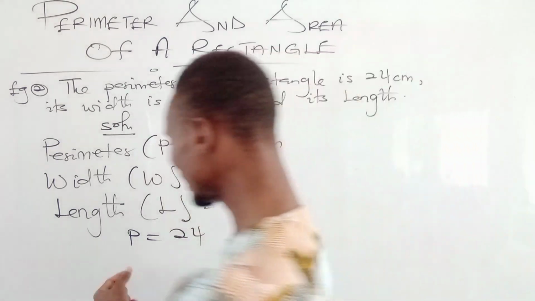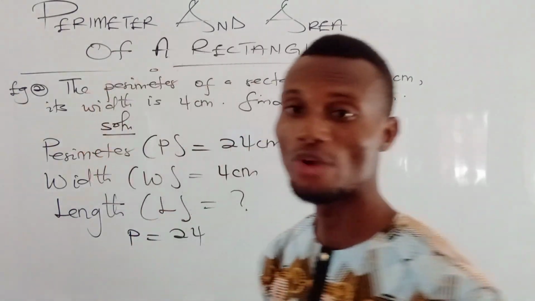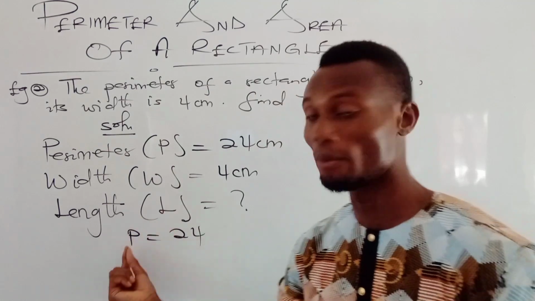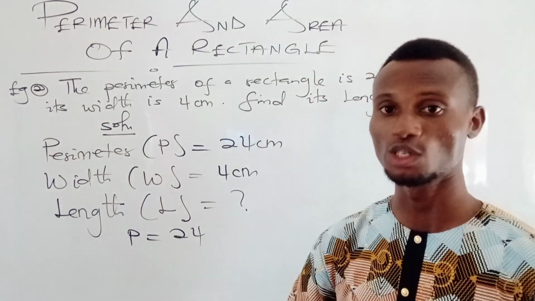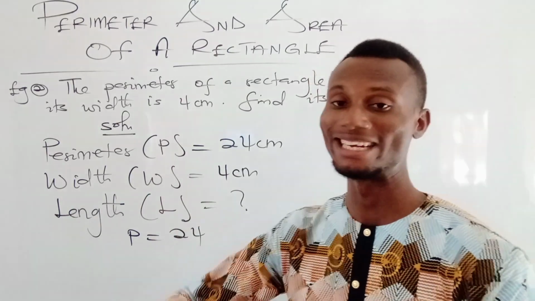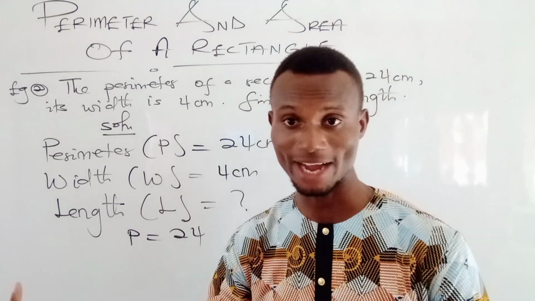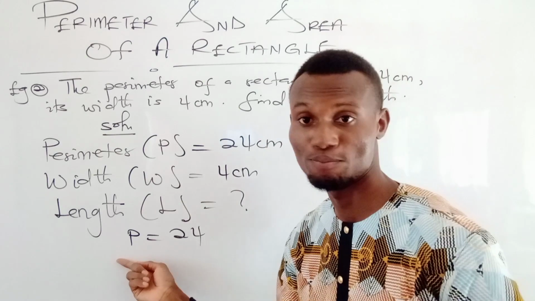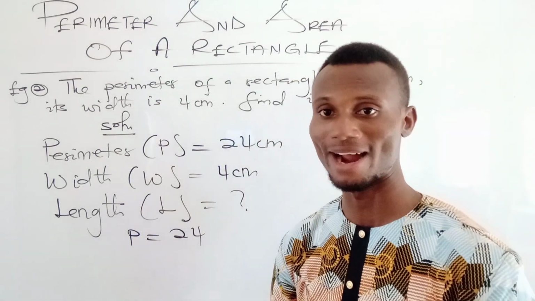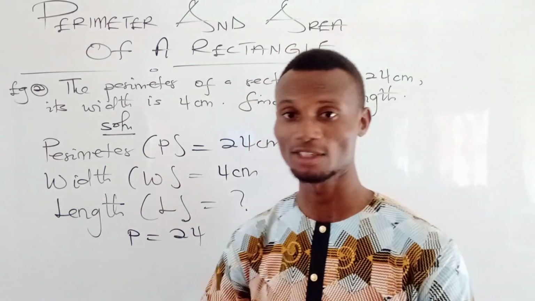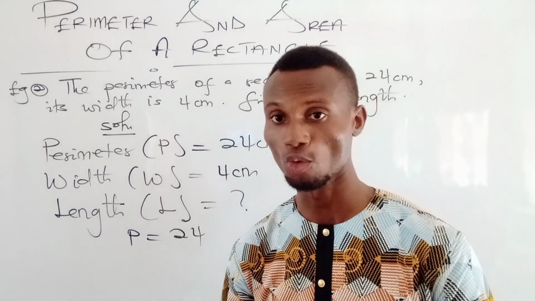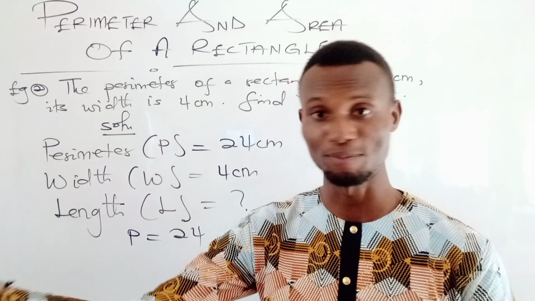Now in place of the P, we can put the formula for finding the perimeter of a rectangle there, because we know that P represents the perimeter of a rectangle. The perimeter of a rectangle is 2L plus 2W, which we've established in the previous videos.